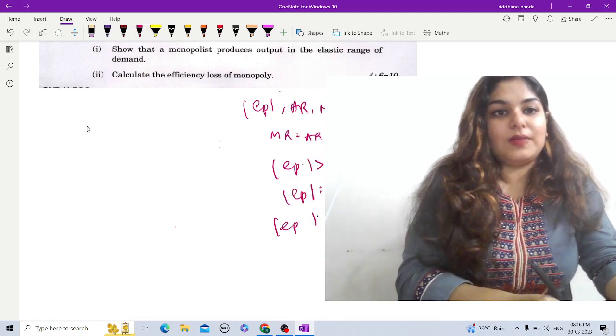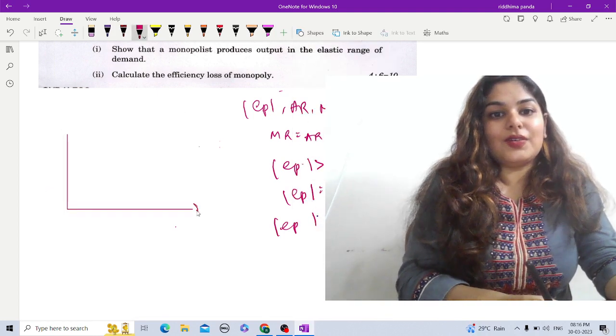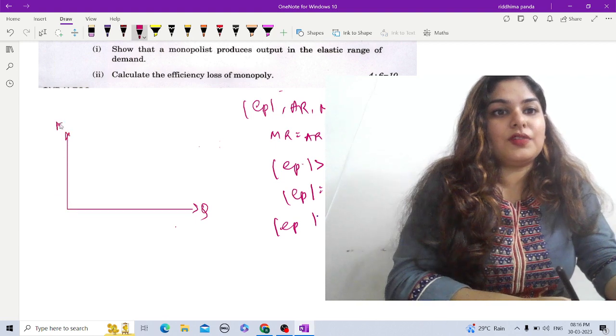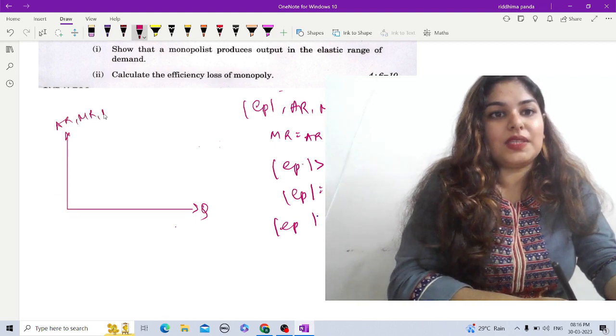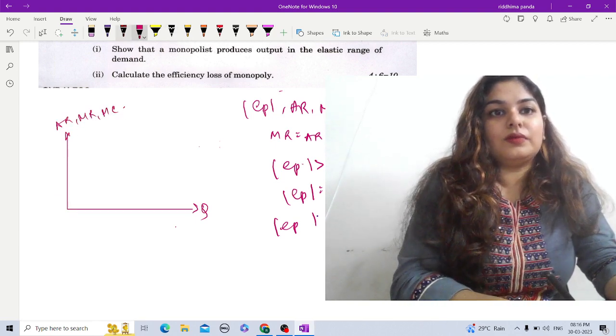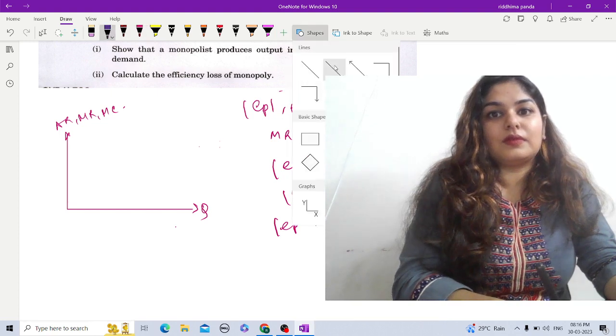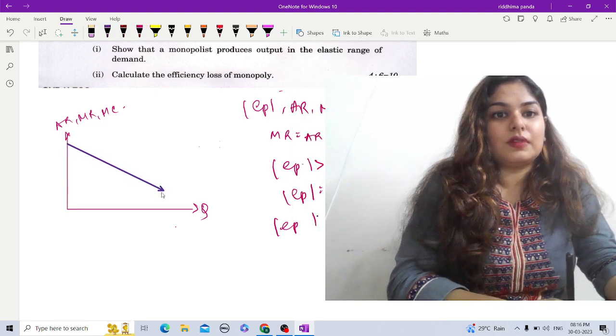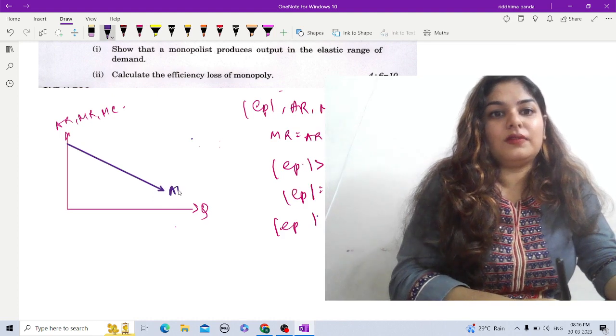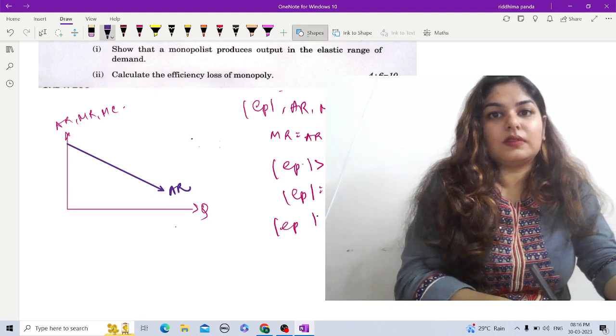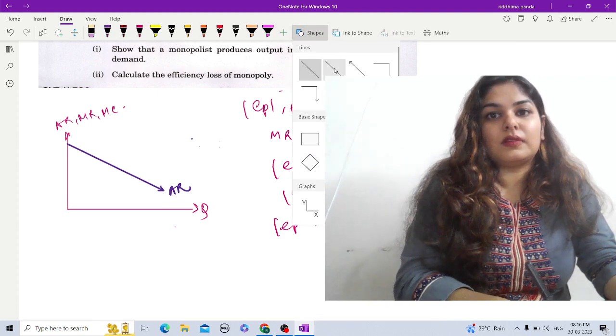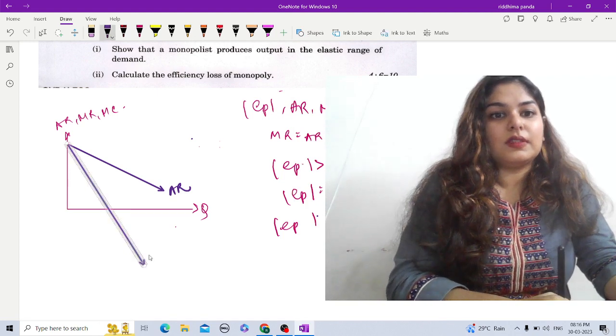and show it diagrammatically. So here is output, and here we measure our AR, MR and MC curve. So this is the AR curve. This is the MR curve.